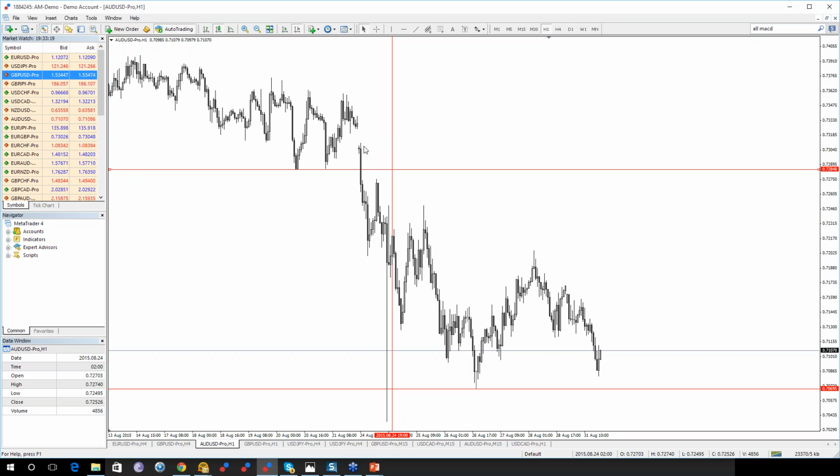Before this gap happened, we still see the gap here, but I don't think that this can be covered soon. So now there is a possibility that RBA will not do anything. They put their rate hike on hold. So I don't think that there will be any rate hike nor rate cut. If we talk from the perspective of possible bid rate announcement, I think that the bid rate would be the same.